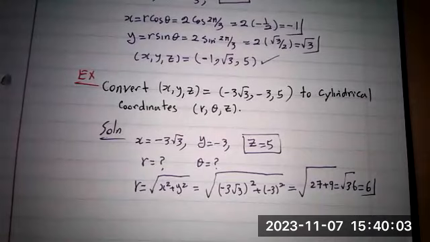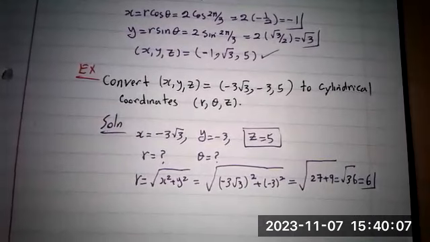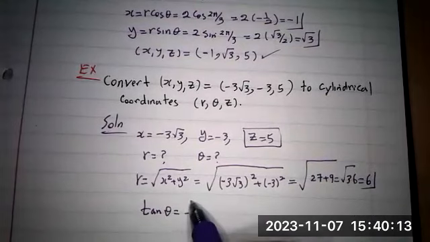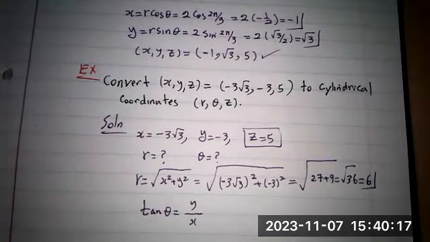Now you've got to be careful when you want to find the theta, like you did before. We go with the tangent. The tangent of theta is y over x, the formula in polar coordinates. So your y is -3 and your x is -3√3.